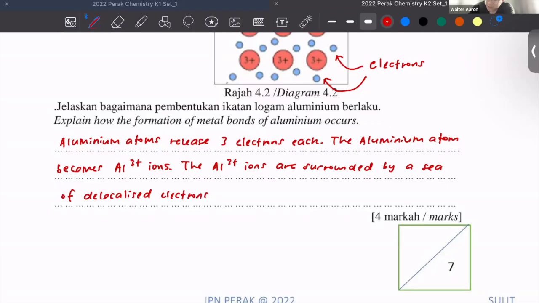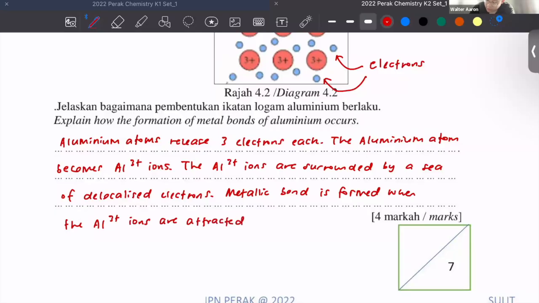Then you say that metallic bond is formed when the Al3 plus ions are attracted to the delocalized electrons.